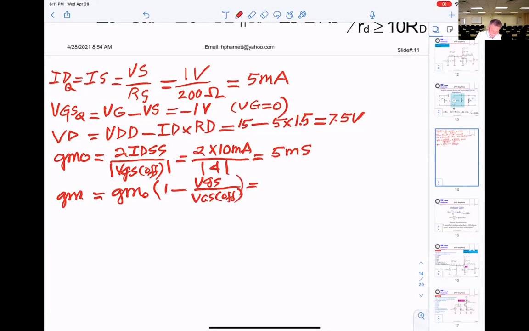Okay, GM0, 5 times minus VGS, minus 1, divided by VGS off of 4. So that's 0.75 times 5 milliSiemens.